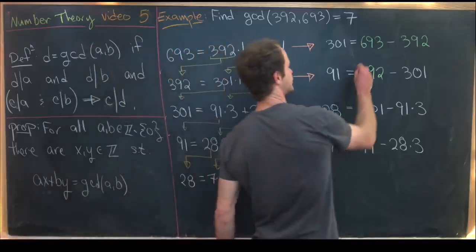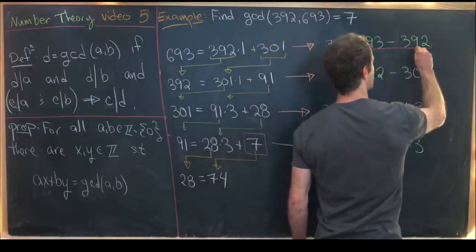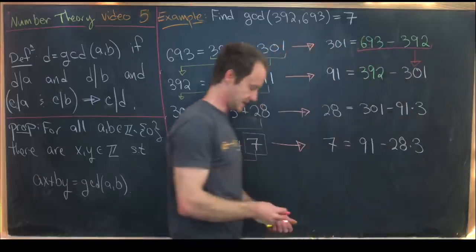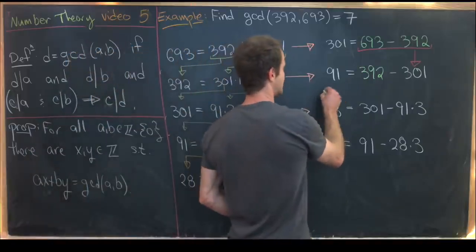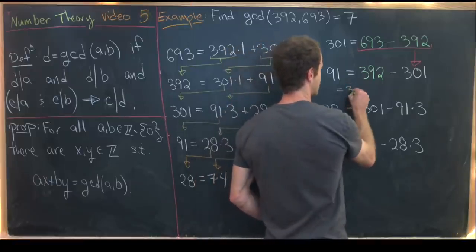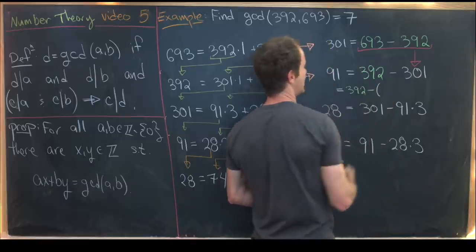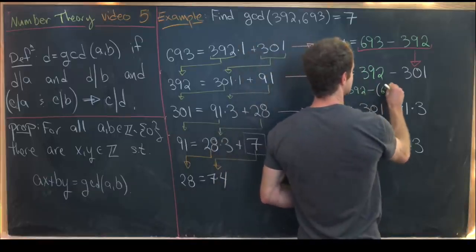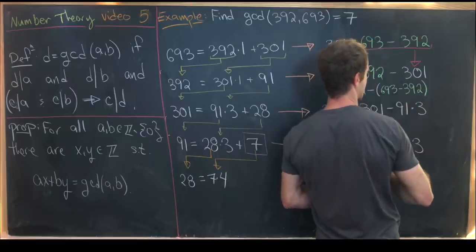So I'll start by taking this version of 301 and substituting it into the 301 that lives right there. So now we have 91 is equal to 392 minus, in parentheses, 693 minus 392, like that.